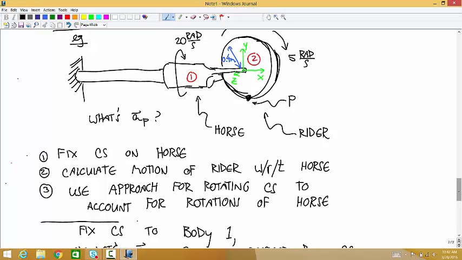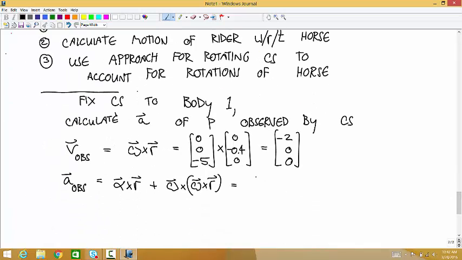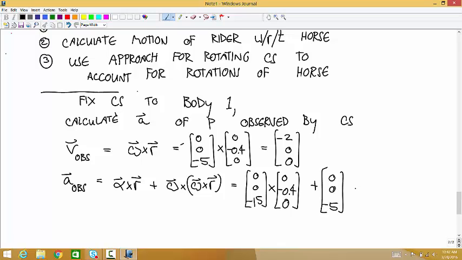What's alpha? Z, yep. 0, 0, negative 15. Same r vector that we had before, so that's 0, negative 0.4, 0. And then omega is 0, 0, negative 5, cross quantity 0, 0, negative 5, cross 0, negative 0.4, 0.